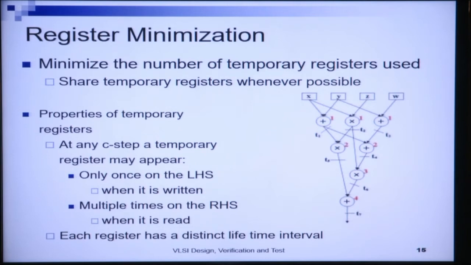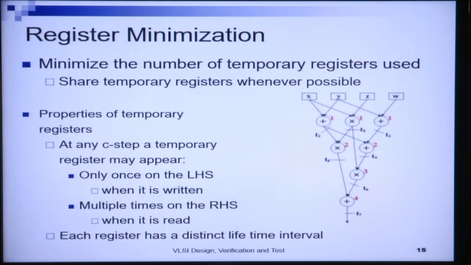So, these temporary registers must be allocated to hardware registers as well when I actually implement the schedule, and hence I want to reuse a given hardware register for as many temporary registers as is possible. This is how I do register minimization.